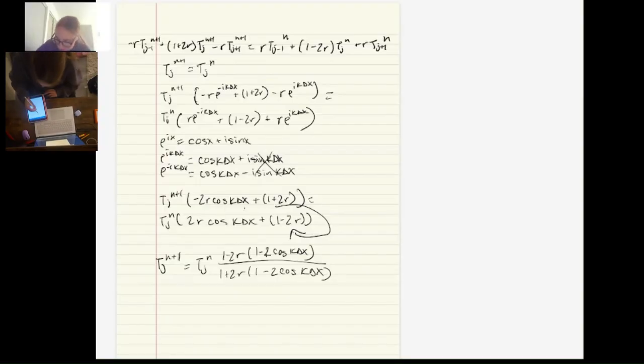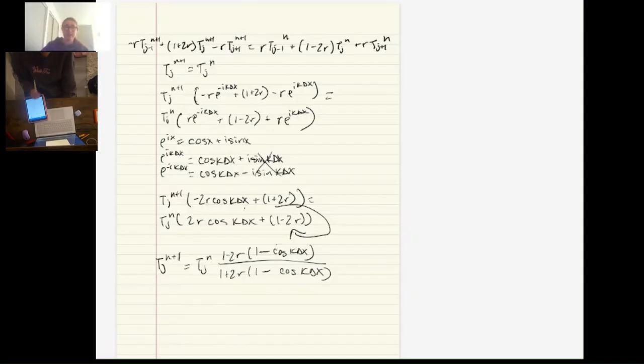Actually, I don't think this is a 2 either. There's no 2 in front of the cosine. So from this, we know that T_j^(n+1) is equal to T_j^n times this factor.